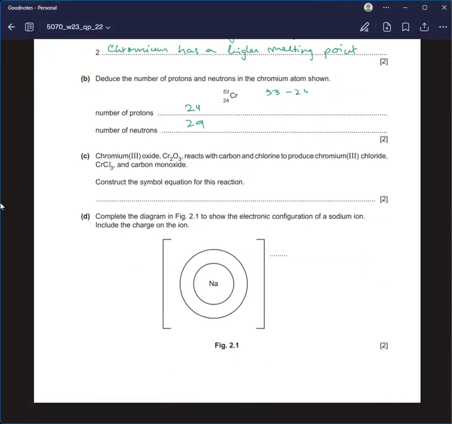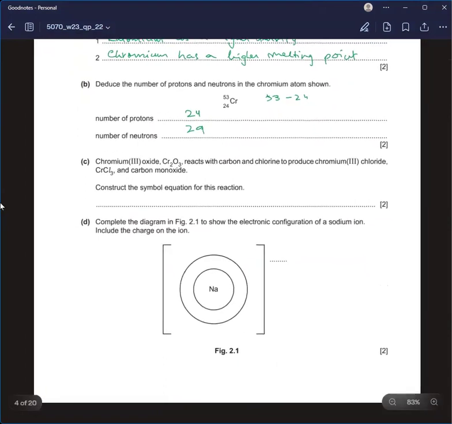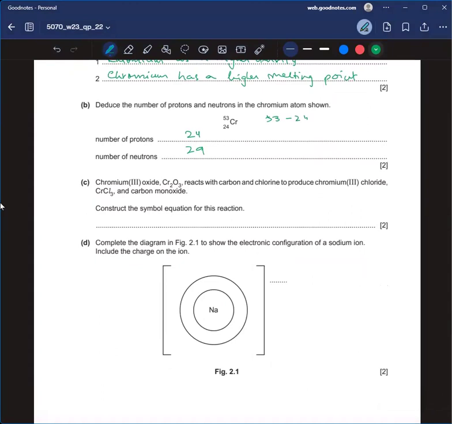Chromium(III) oxide reacts with carbon and chlorine to produce chromium(III) chloride, CrCl3, and carbon monoxide. Construct the symbol equation for this reaction. First, you write chromium(III) oxide, which reacts with carbon and chlorine.